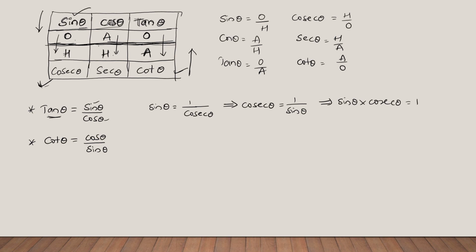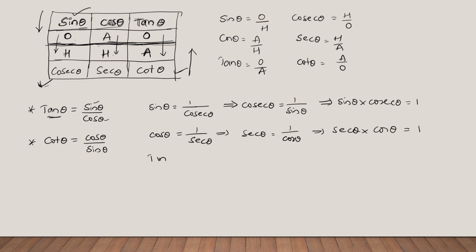The same way we can represent the remaining ones. So cos theta is equal to 1 by secant theta. The same way secant theta we can write as 1 by cos theta. The same way secant theta into cos theta, when you multiply those two, it will be equal to 1.